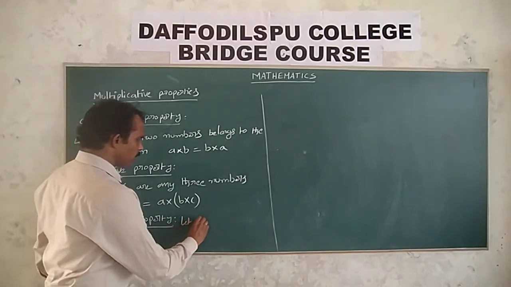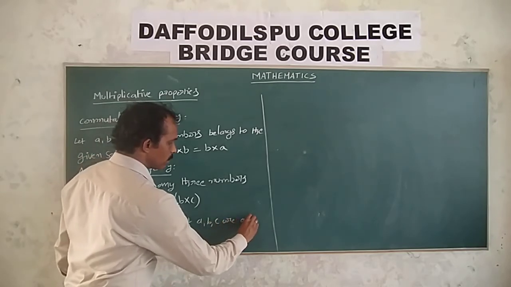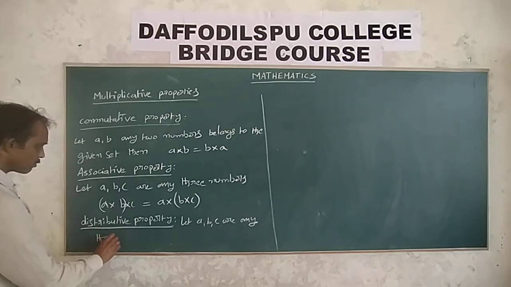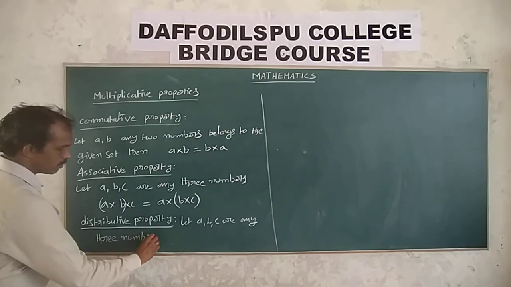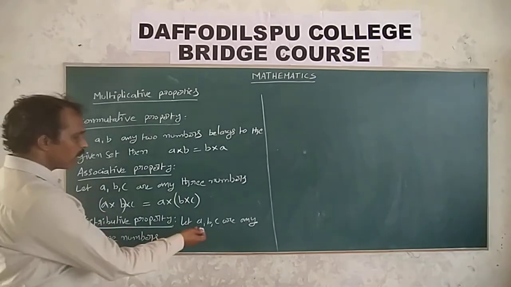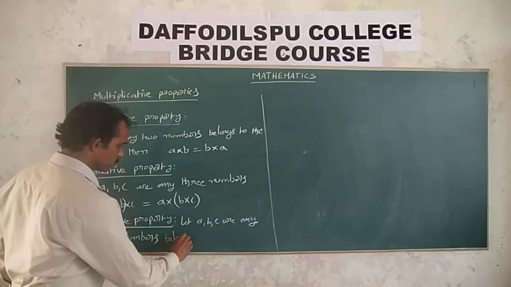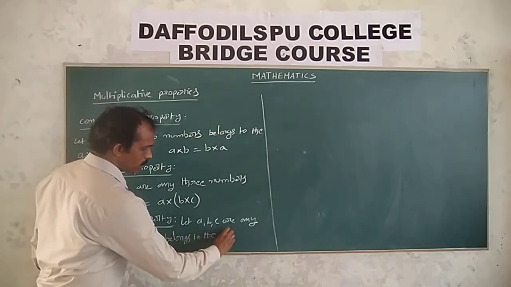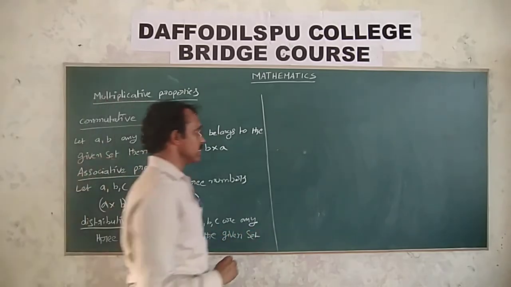Let A comma B comma C be any three numbers belonging to the given set.